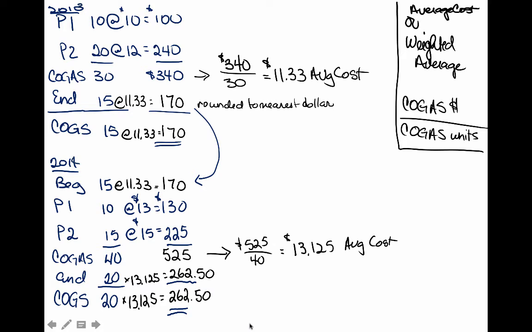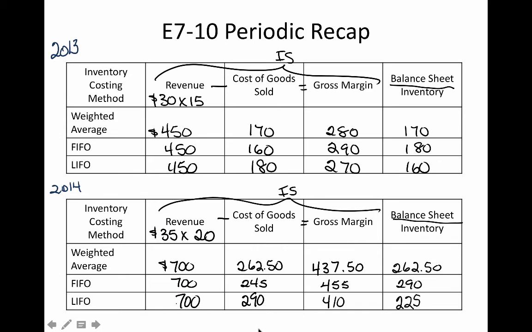So let's compare now these methods. In 2013, we knew that the sales were $30 selling price times 15 units. The cost of goods sold, notice we come up with different numbers. Revenue minus cost of goods sold gives us gross margin.